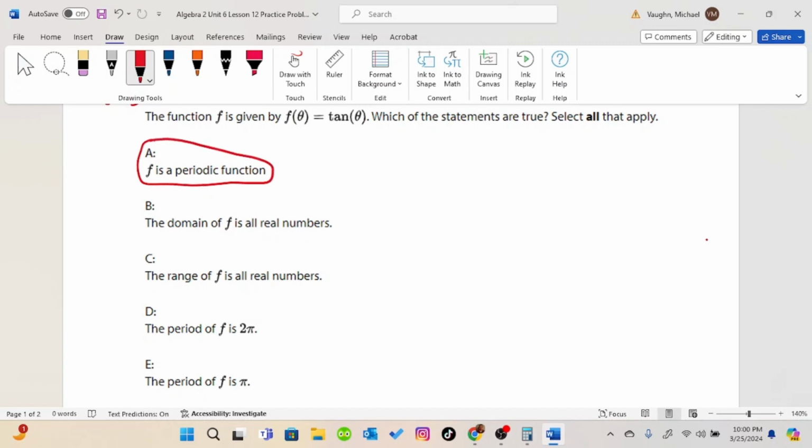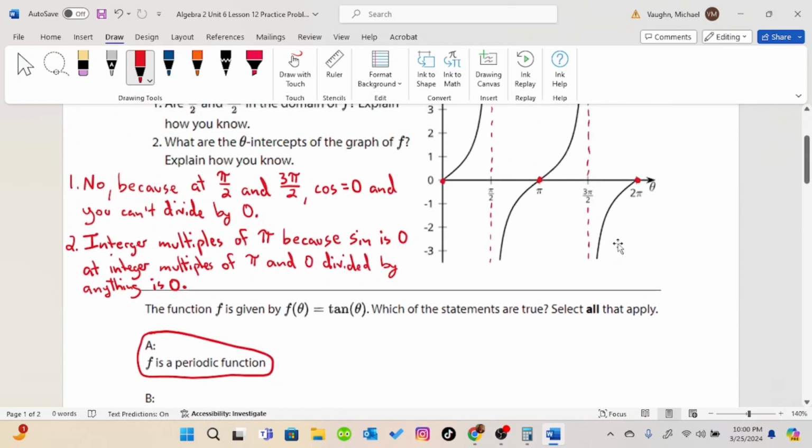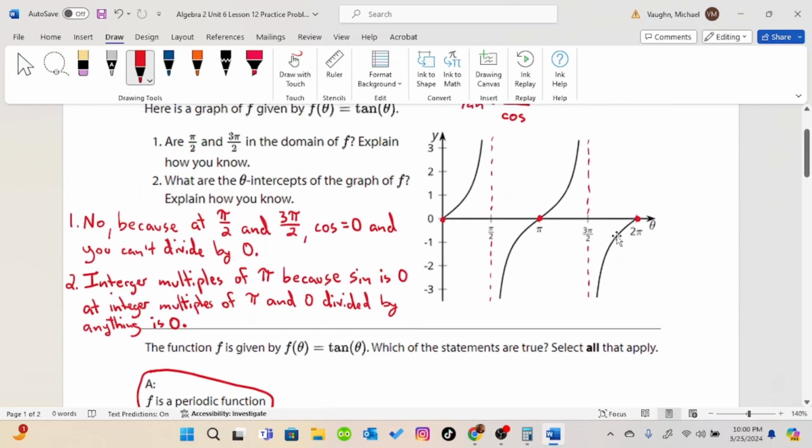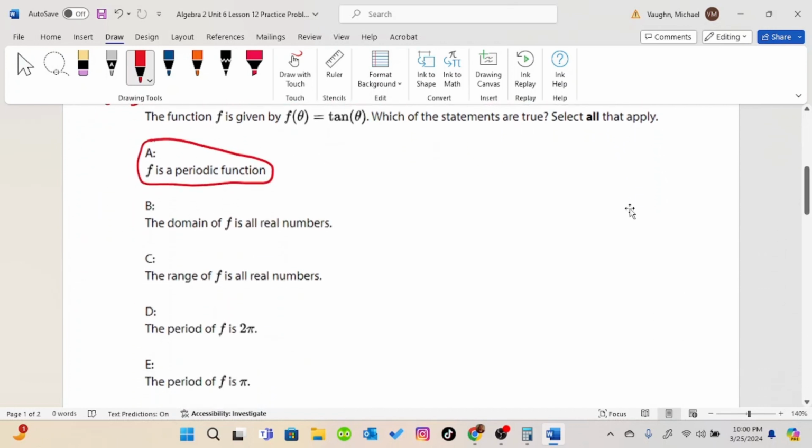Choice B says the domain of f is all real numbers. But if you look at the graph from the previous problem, you'll remember that we have asymptotes at pi over 2 and 3 pi over 2 and every half integer multiple of pi. So B is not correct.